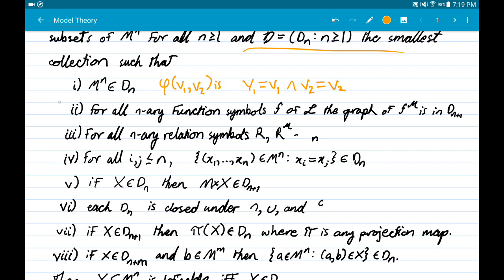So that's why we have this clause here, is that it's easy to understand that the set of all tuples of length n is always going to be a definable set of tuples and should get into D_n.